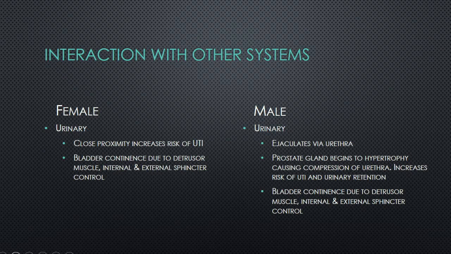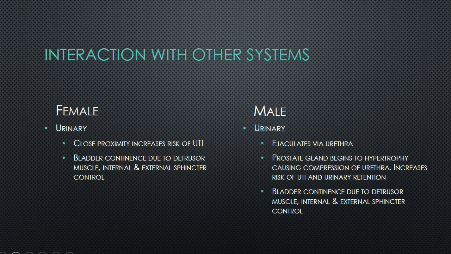Any type of activity that would cause the vagina to excrete anything, they would need to make sure that they clean it and urinate, because urination will help get the bacteria that could be sitting there out so that the woman does not develop a UTI, because the woman's urethra is much shorter than the male's urethra.